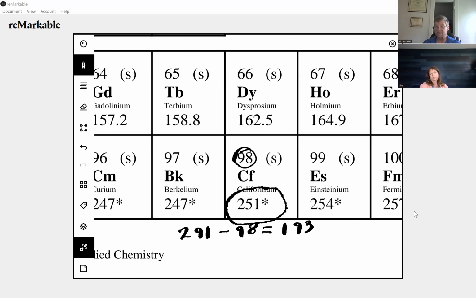Now, the only thing that the neutron has anything to do with is the isotope, which, like I say, is kind of beyond the scope of this course. But the number of neutrons is related to nucleus stability.